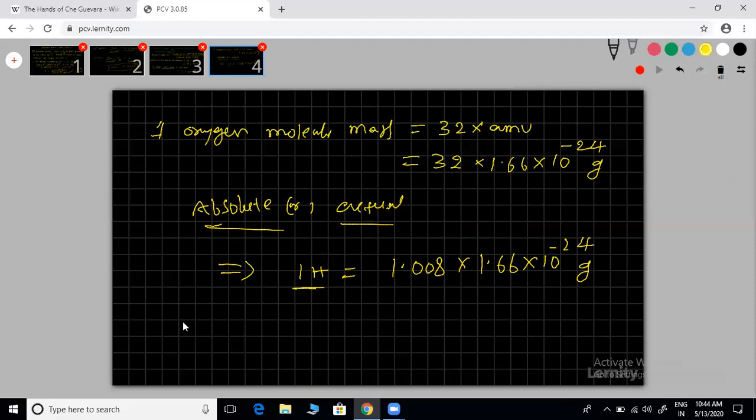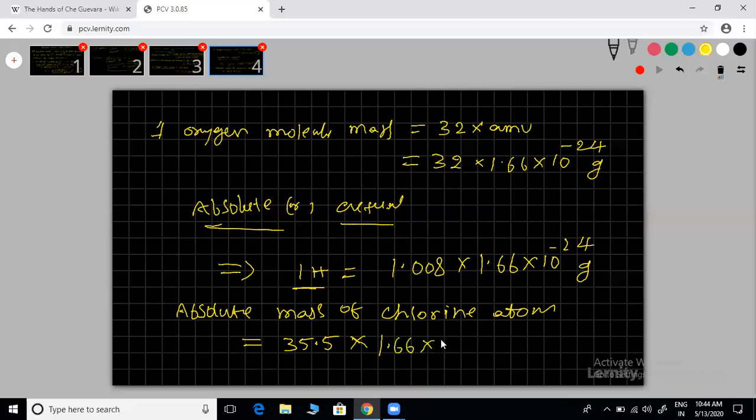Can you calculate the absolute mass of a chlorine atom? One chlorine atom equals 35.5 into 1.66 into 10 power minus 24 grams.